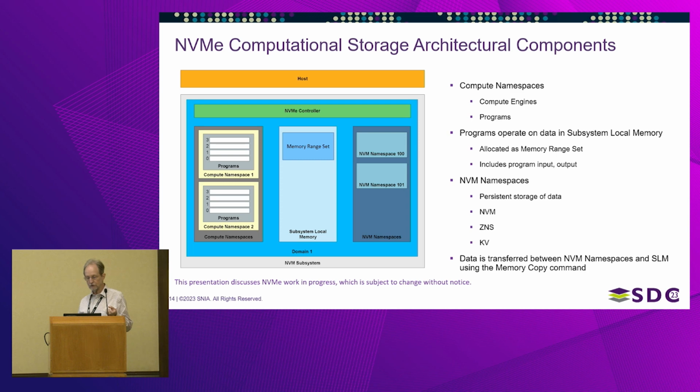Data is transferred between NVM namespaces and SLM using the memory copy command, either in the subsystem local memory command set, which is yet another new command set that's being defined, or the copy command in an NVM namespace, where the source of the data is from SLM to the NVM storage. So that's a high level of the components within the NVMe architecture.